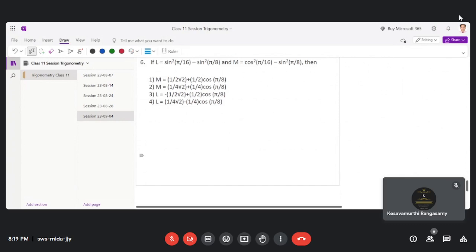So how can we find? Because we don't know the value of sine square pi by 16 and pi by 8 and all, we have to simplify it. At least pi by 16 we have to try to remove. So that is what they have done. At least the pi by 16 they have removed and they have got it in terms of pi by 8. So how can we do that?